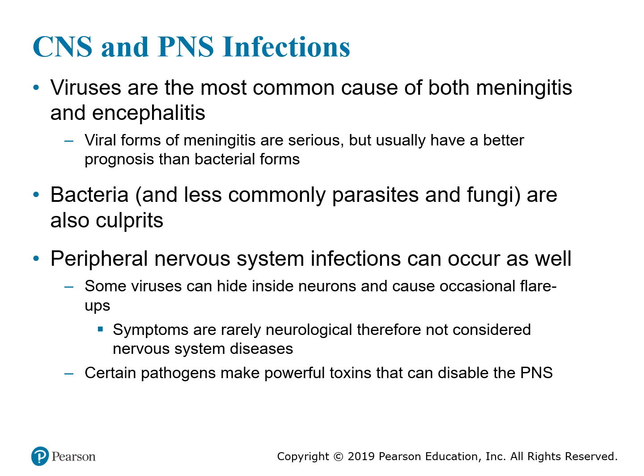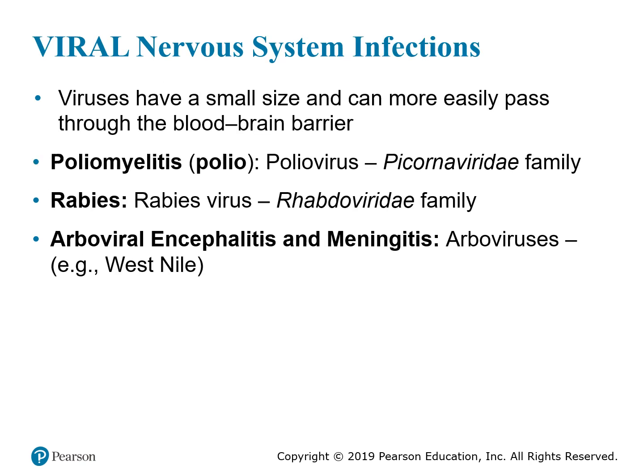And so with these infections within the peripheral nervous system, you have pathogens that produce toxins that can cause the actual peripheral nervous system to have issues. So viruses are very small, which allows them to be able to cross that blood-brain barrier. Some of the ones that we're going to look at will be polio, rabies, and West Nile virus.